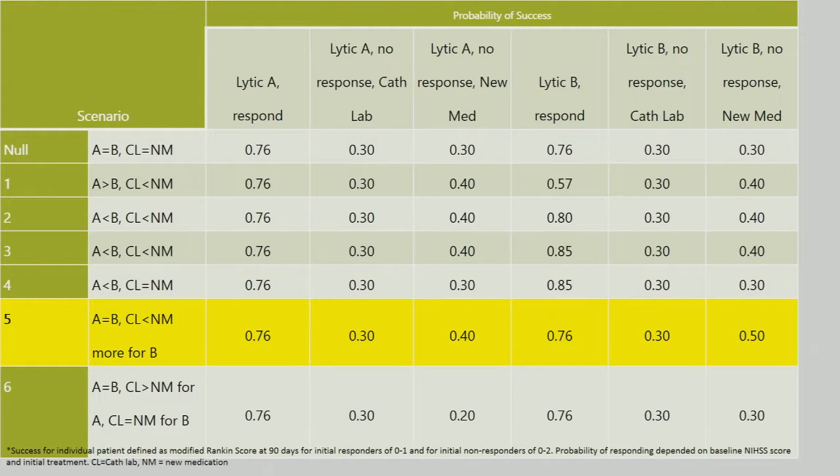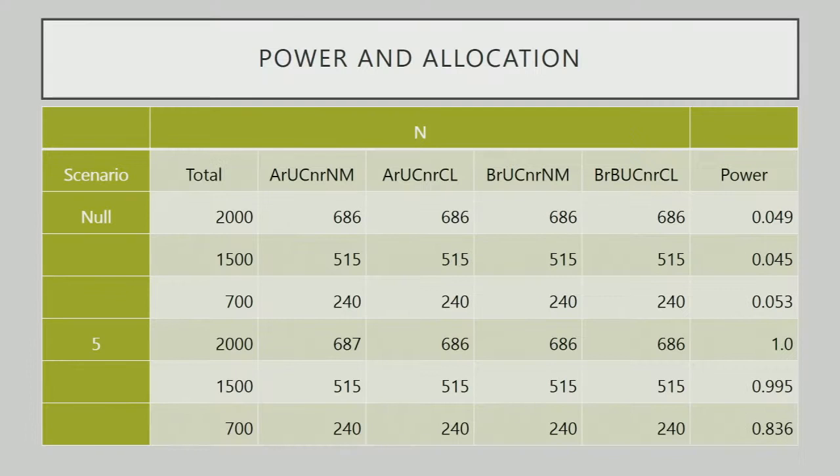So that's one example. There are a lot of other examples that we went through, but talking through all the different scenarios would be a challenge in this forum. And this is the power in terms of finding some difference across these regimes. It has quite a bit of power if you can spend 1,500 patients.